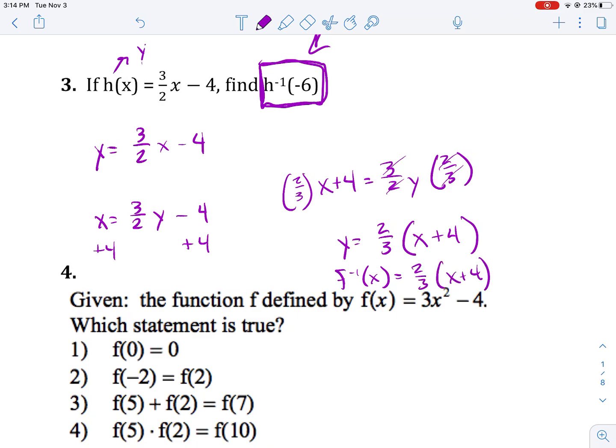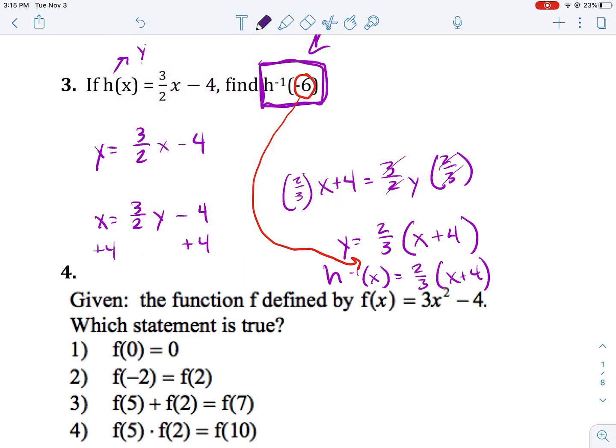Great. All right. Now, we're not done here yet. Actually, this is h. Sorry. h of x. h inverse of x. Now that we have the inverse function, I can take my input here, which is negative 6, and I substitute it in for the x.